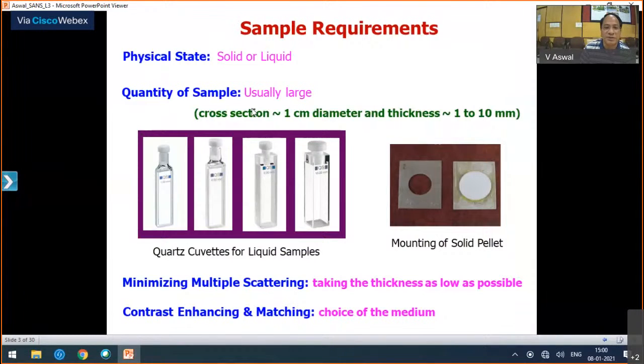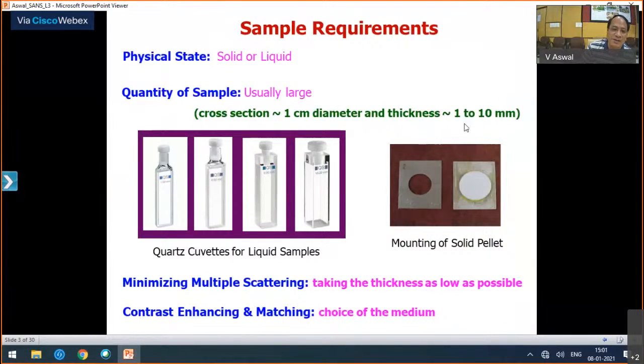For small angle neutron scattering, you need samples with a cross section of around 1 centimeter diameter, and the thickness can vary from 1 to 10 millimeter. In most other techniques it's very small. Here it is quite large, because the flux of neutron sources is not that high, unlike other sources.